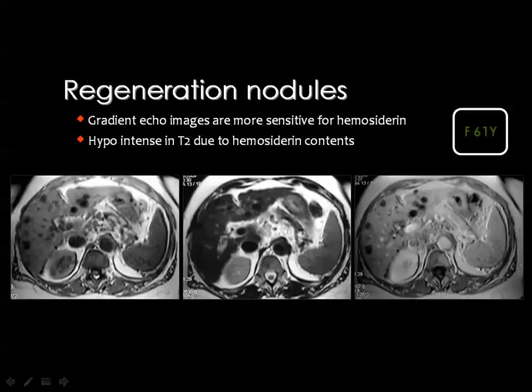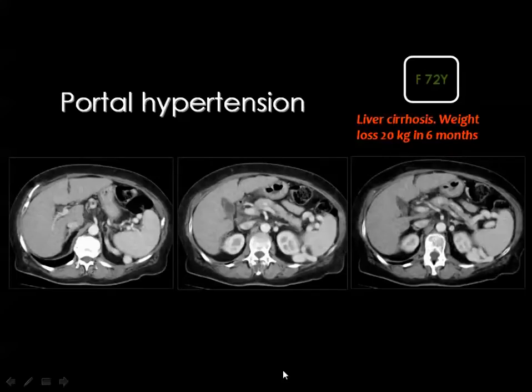You may remember that I have said that MRI is considered a reliable technique to discriminate between cirrhotic regeneration nodules and hepatocellular carcinoma, because regeneration nodules will appear low signal in T2 weighted image due to the hemosiderin content, so you see low signal in the T1 and low signal in the T2, while the hepatocellular carcinoma will show some brightness in the T2 weighted images.